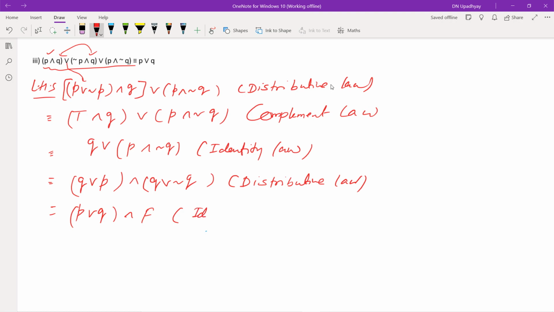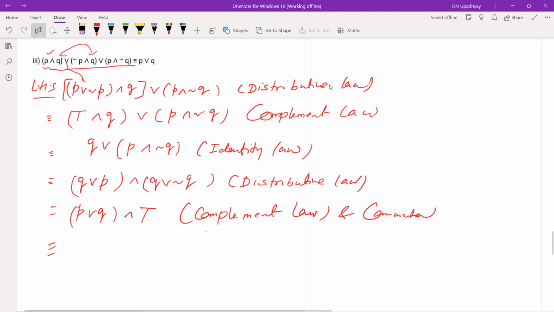So this will be, here we can write identity law. I think that will be complement law. I'm sorry, complement law. Yes, I think this will be T by complement law.